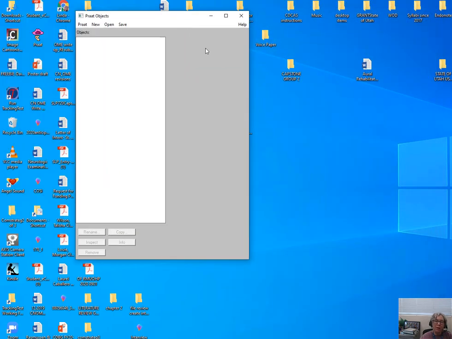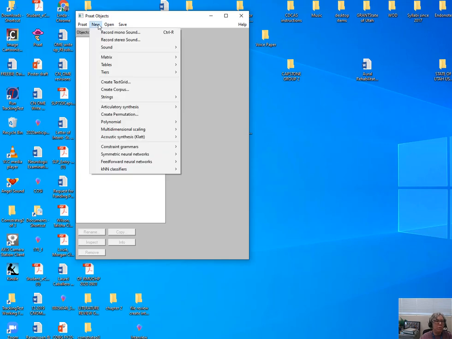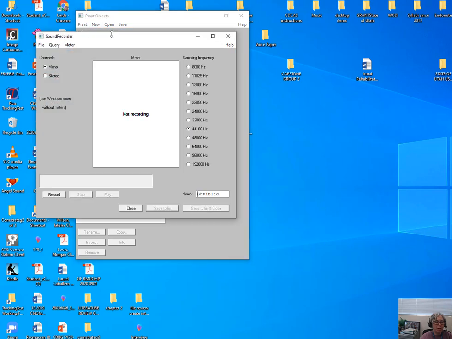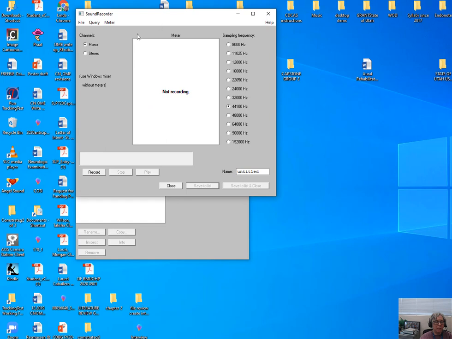So for the Praat object, you are going to be practicing recording and then analyzing a signal. What you want to do is go to New, Record Mono Sound, and this window that comes up is going to have mono, it's going to have 44100 Hertz.